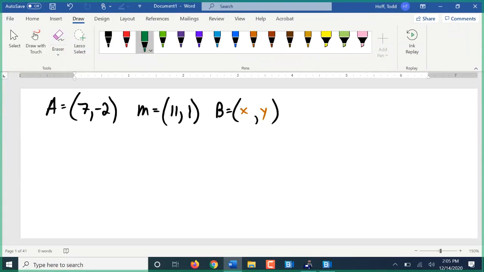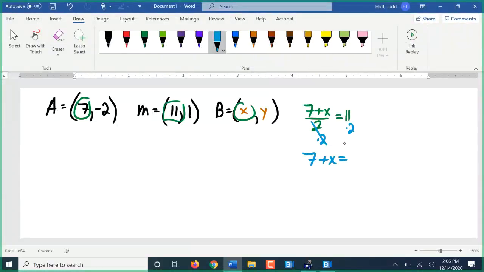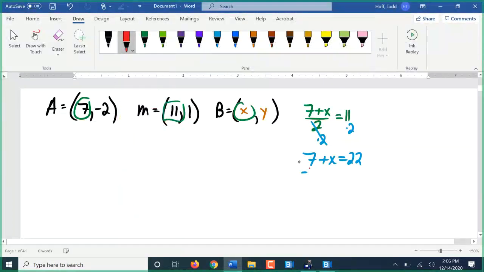So I know to find the midpoint for x, I'm going to do 7 plus x divided by 2. That's going to equal the x coordinate of the midpoint, which is 11. Now I'm going to solve that by multiplying by 2. So on the left side, the 2 is gone. 7 plus x equals 11 times 2 is 22. And then we'll subtract 7, giving us x equals 15.